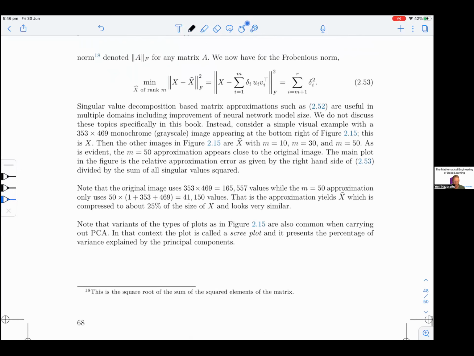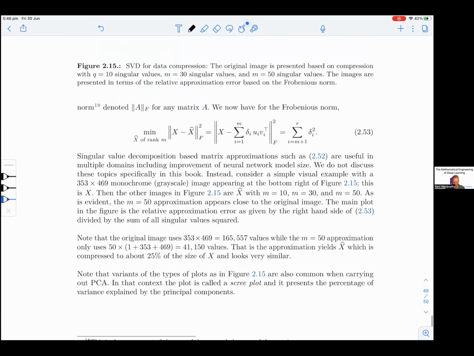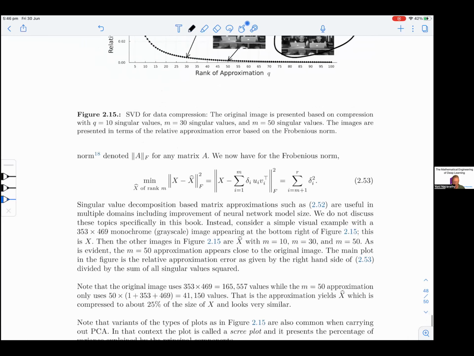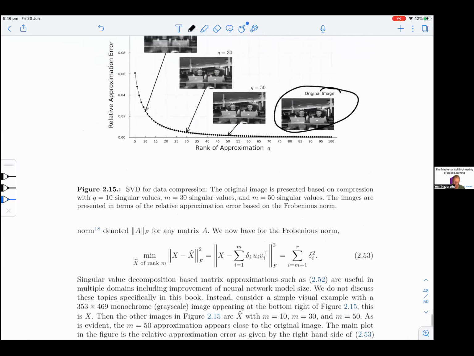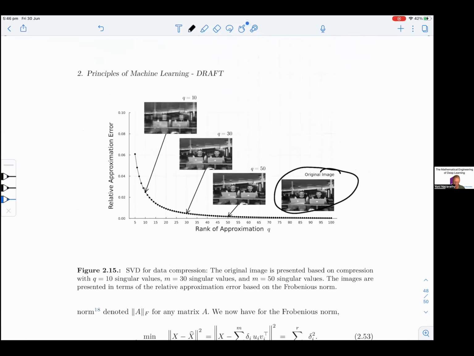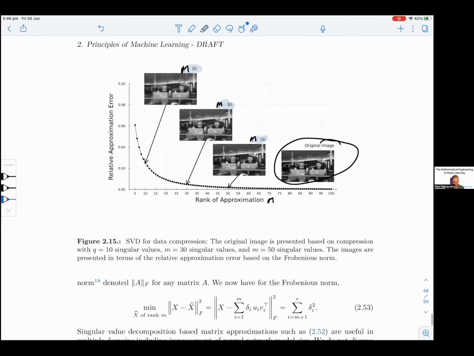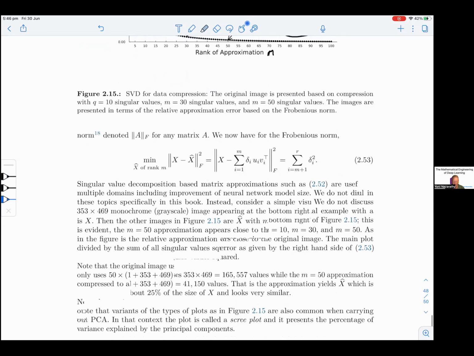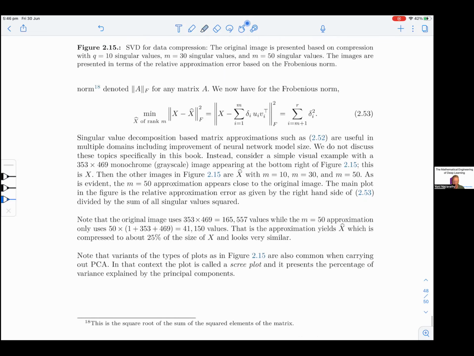As is evident, the m equals 50 approximation appears close to the original image. So this Q should be an M. Okay, so we've got m equals 10, m equals 30, and m equals 50. So this is a rank 10 compression, rank 30, rank 50.